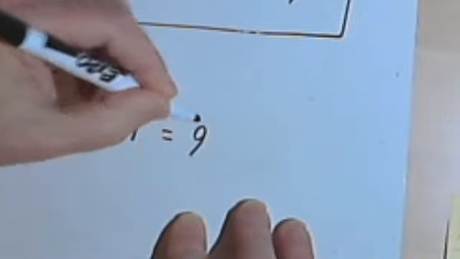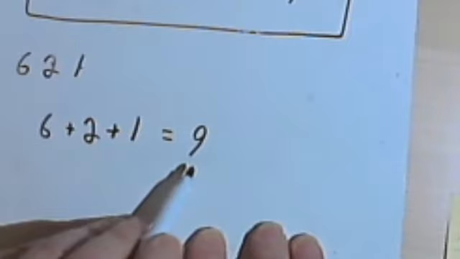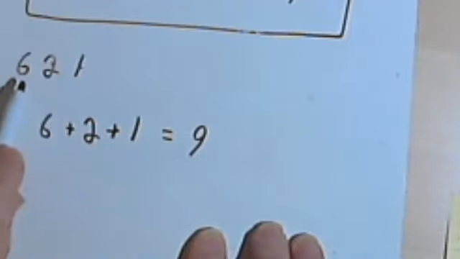Take each of the digits and add them all together. So 6 plus 2 plus 1. 6 plus 2 is 8, plus 1 is 9. If the number you get is a 3, a 6, or a 9, then you can divide it by 3. In other words, 621 can be divided by 3.